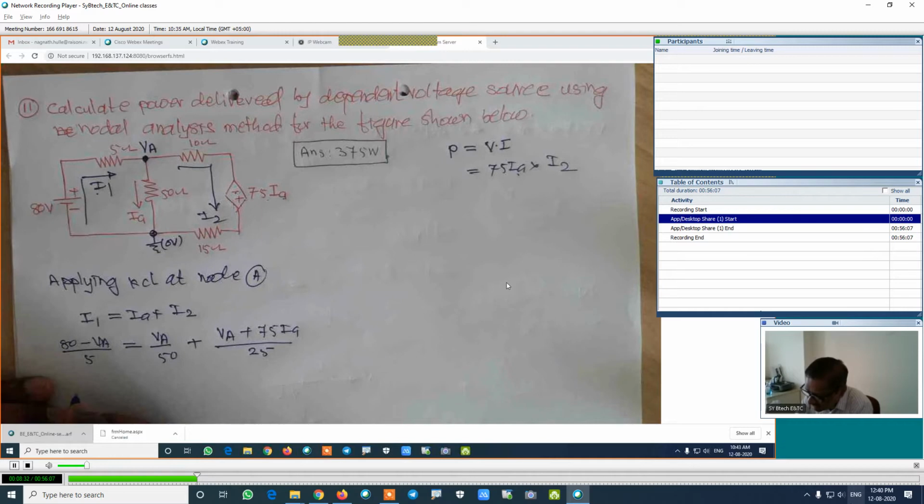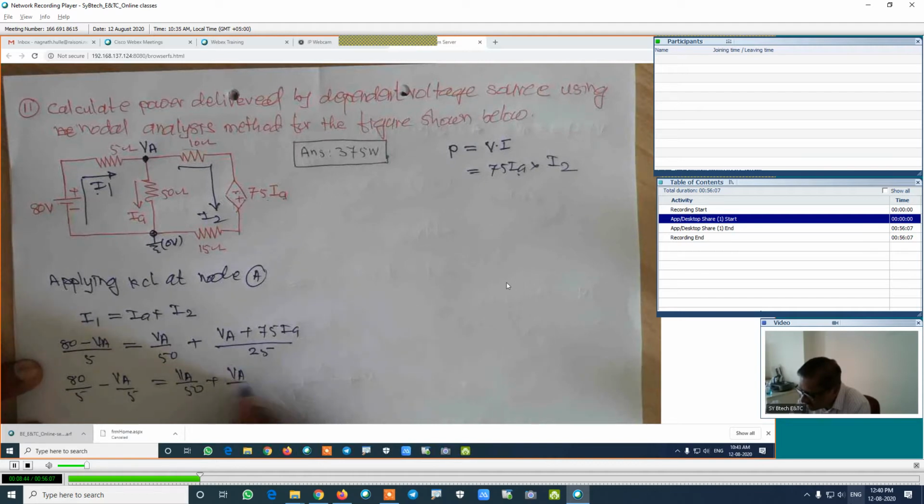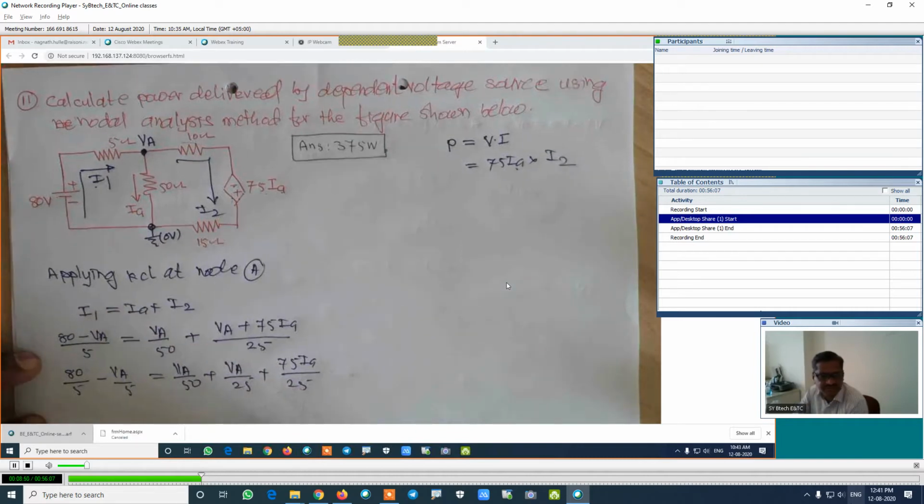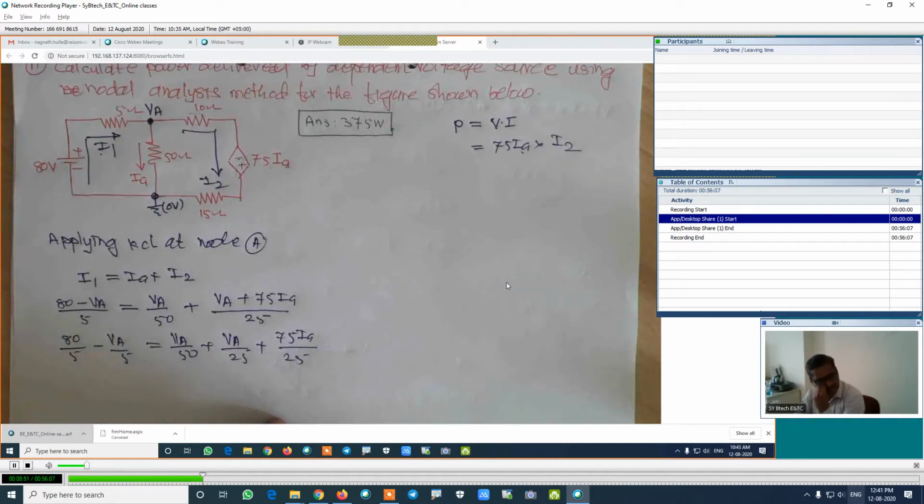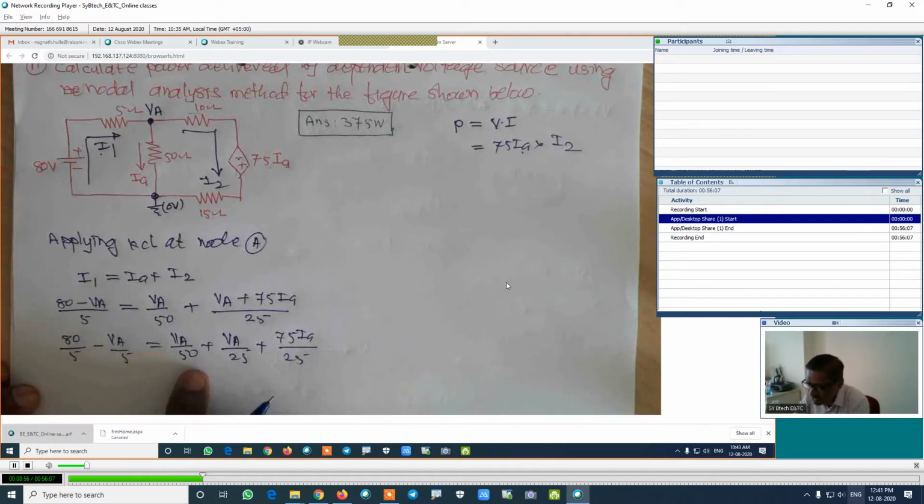If we simplify this equation, it is 80 divided by 5 minus VA divided by 5, which is equal to VA divided by 50 plus VA divided by 25 plus 75 into IA divided by 25. Now separate out the terms. I will shift the VA terms to the other side and keep all constants on the left side.